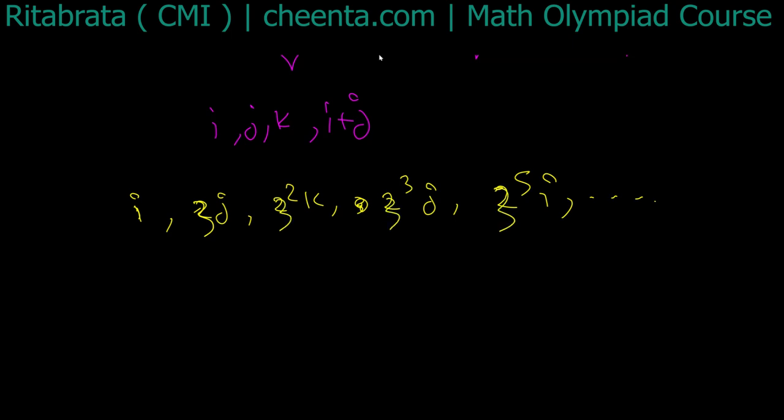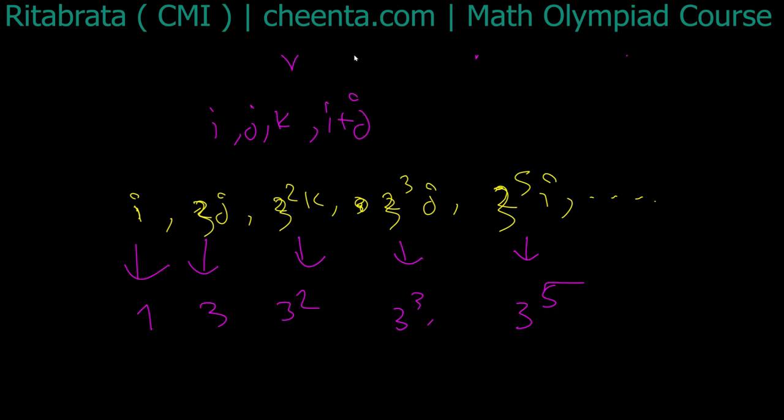Anyway, these sequences are multiples of I, J and K, determined in the usual way, but you can see that the scalar part is an increasing sequence. So the modulus is increasing: here modulus 1, here 3, here 3 squared, here 3 cube, here 3 to the power 5. So this is strictly increasing. As the modulus of vectors is strictly increasing, the sequence has infinitely many terms, because all vectors have different modulus, so no two of them can be equal.